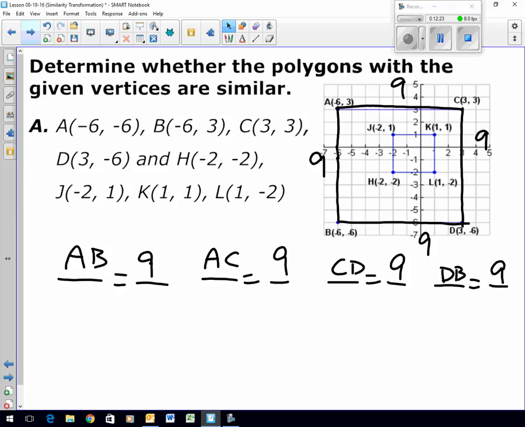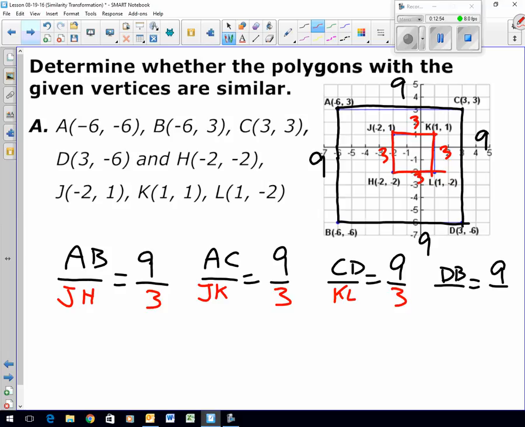Joshua, let's look at J to H. How far is it? Good. J to K, let's see what this pattern is. 3 and 3, right? So JH is 3. C to D and K to L is 3.